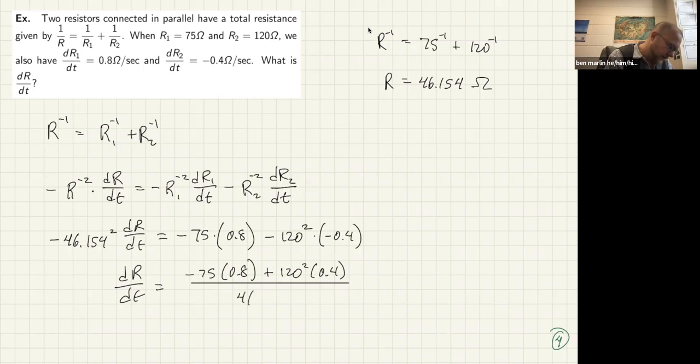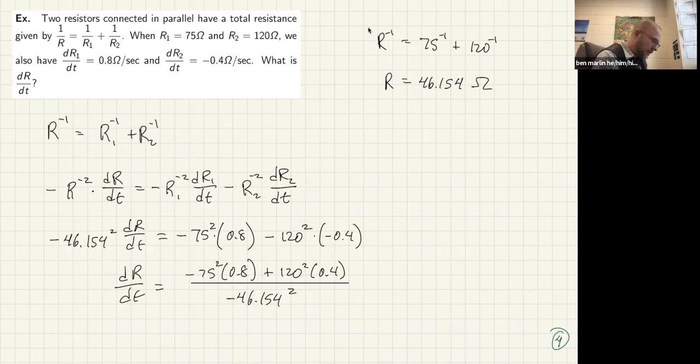With the 46.154 squared. Now, I left that 46.154 squared on the calculator. So that means that I'm gonna, I forgot my minus. I'm going to be able to go ahead and put that stuff together relatively nicely. So 75 times 0.8 and 120, folks, I almost messed up pretty good there. I forgot to copy my squared down there.